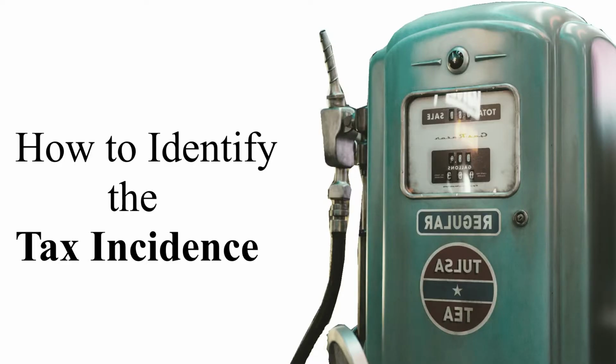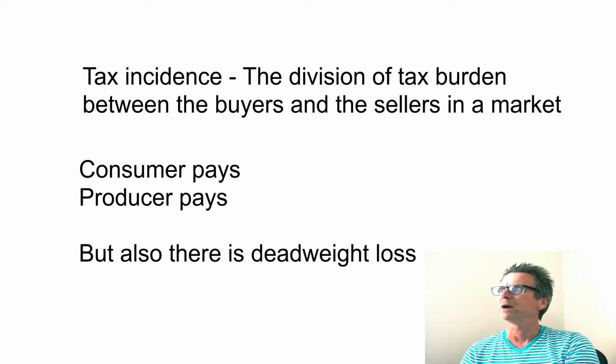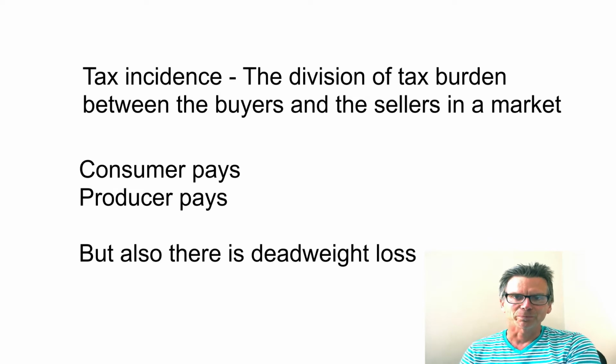The good news is I've only got two graphs for you today and one main definition. Tax incidence is the division of the tax burden between the buyers and the sellers in a market. So we're looking at how much the consumer pays, how much the producer pays, and we're also going to throw in an added spin: what's the deadweight loss?